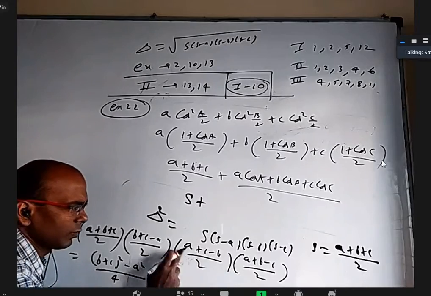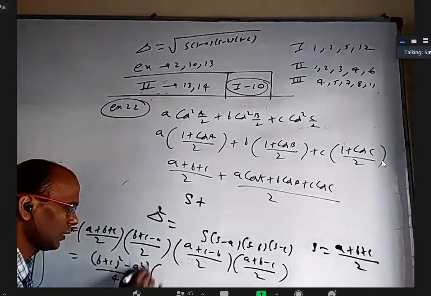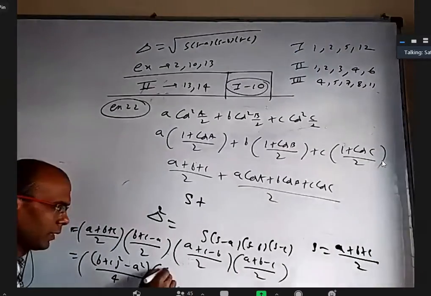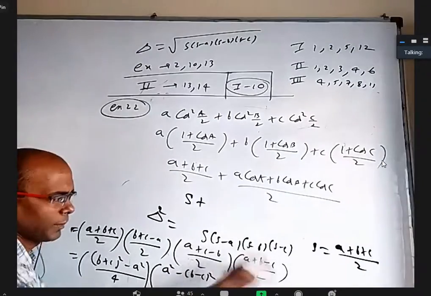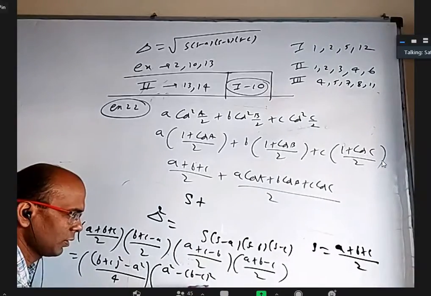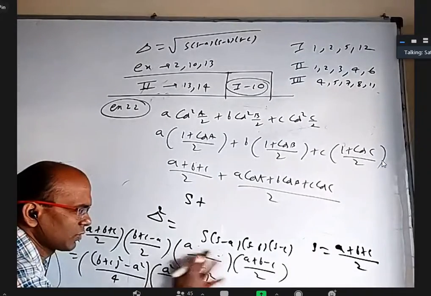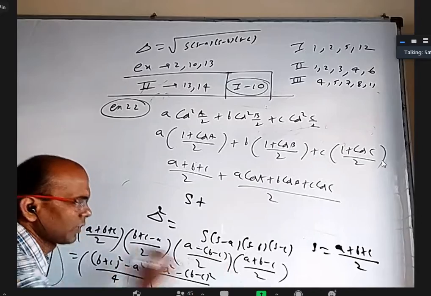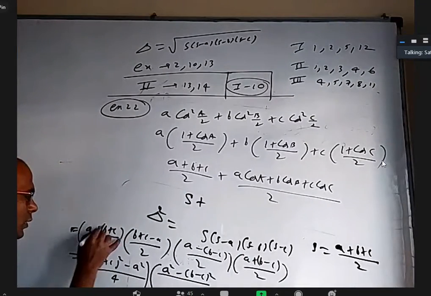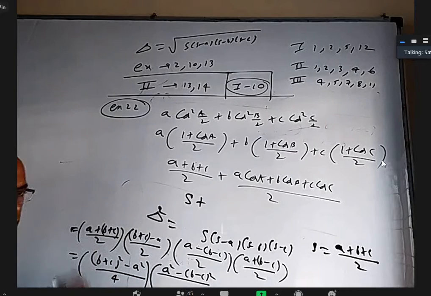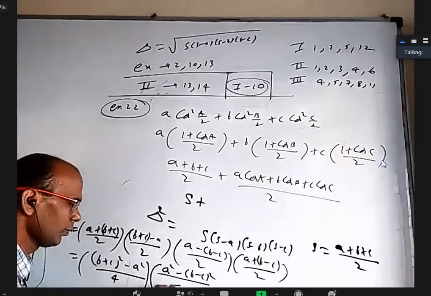Here, what is positive A? So I can write these two together as A square minus B minus C whole square. This is A plus B minus C. This is A minus B minus C. This is A plus C minus B. This is B plus C plus A. This is B plus C minus A by 4.